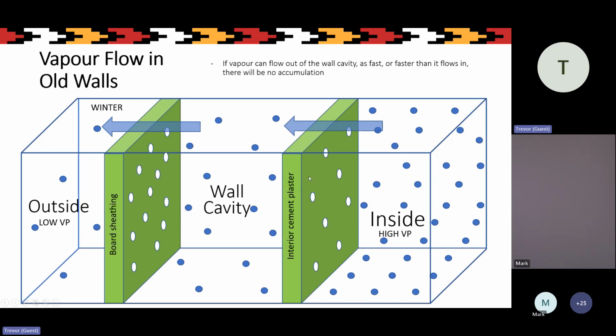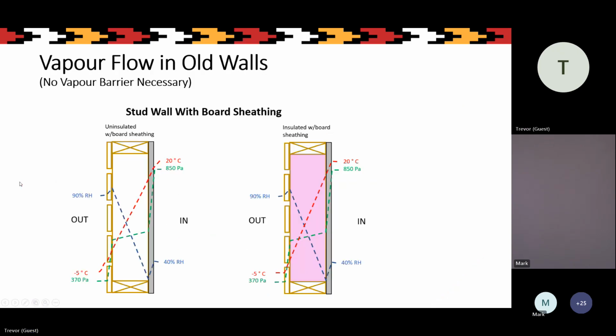Even though cement plaster isn't a particularly good vapor barrier, it's the most vapor closed portion of this wall. So it's the thing that regulates how much moisture gets into this wall cavity, and it can get out faster than it got in.